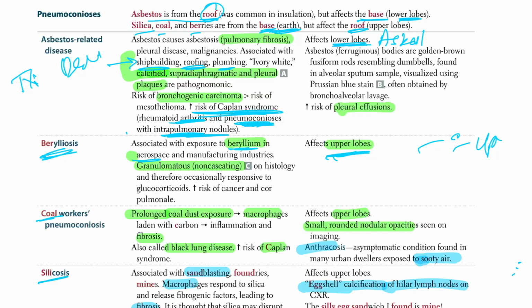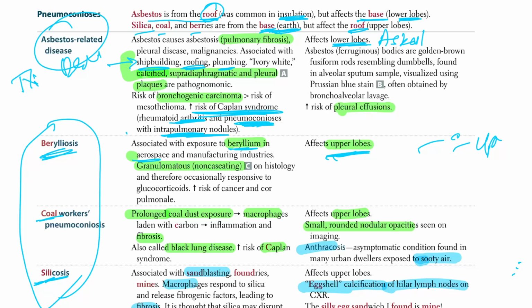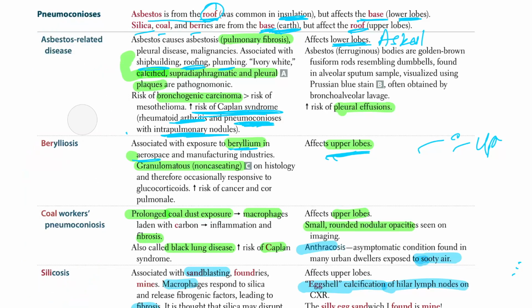So I guess beryllium, the coal, the silica, all coming from Earth, so they will affect the top portion of the lung, which is the upper lobe, while the asbestosis, which comes from insulation, like roof, will affect the base, the lower lobes. Or if you can just make some wording mnemonic, that would be great too. But quickly, let's go with it.